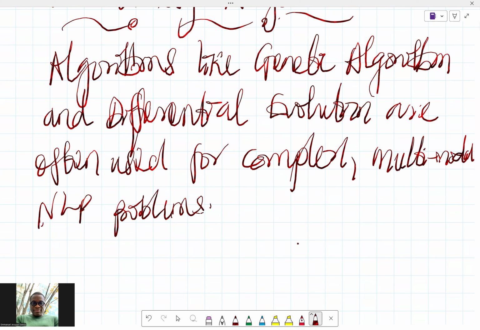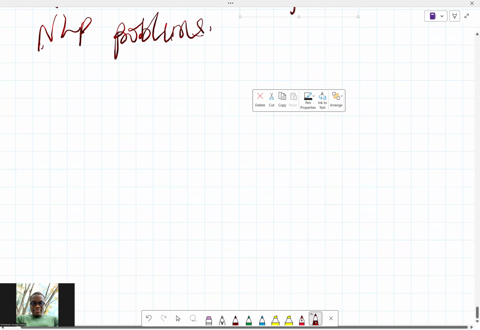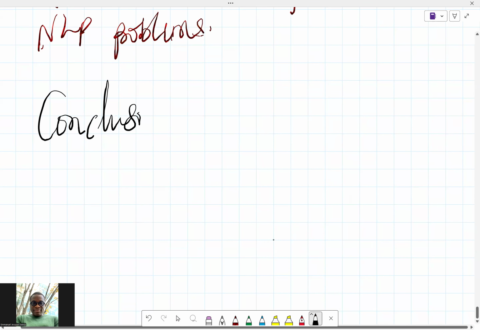Okay. So in conclusion, you see that numerical optimization, including nonlinear programming, is essential for solving real-world optimization problems across multiple domains. Very important. So we are talking about the conclusion now.